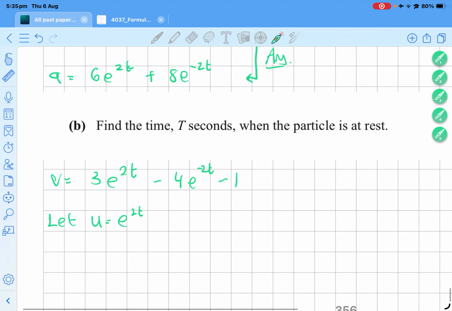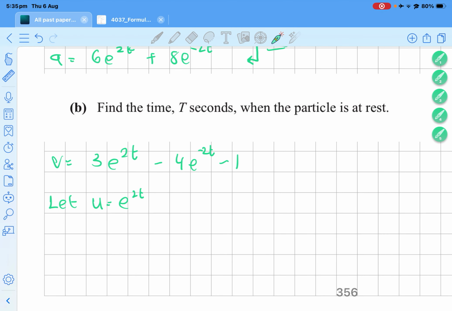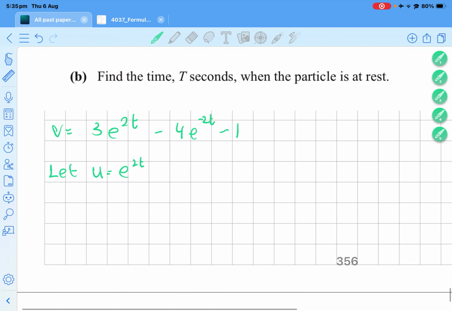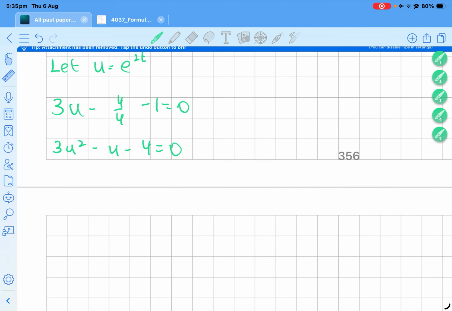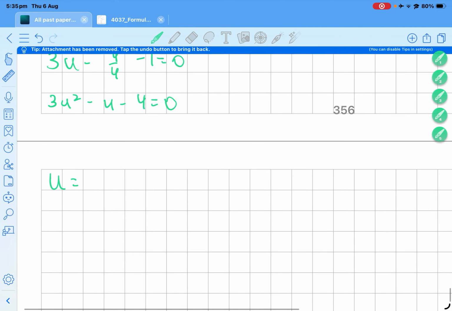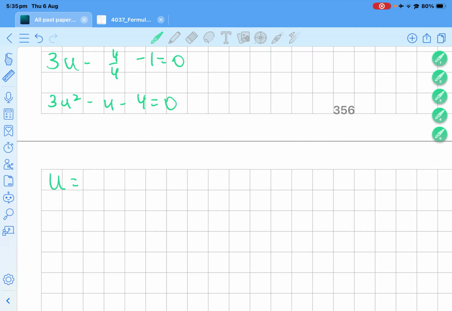If I raise anything to the power minus 1, it becomes 1 over that thing, so e to the 2t raised to minus 1 is just 1 over u. So I could say that 3u minus 4 over u minus 1 equals 0. So 3u squared minus u minus 4 must equal 0. I need to find the value of u. So 3, minus 1, minus 4. So u is either 4 by 3 or u is equal to minus 1.